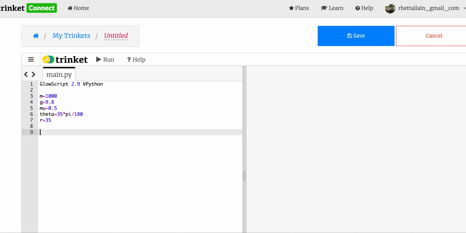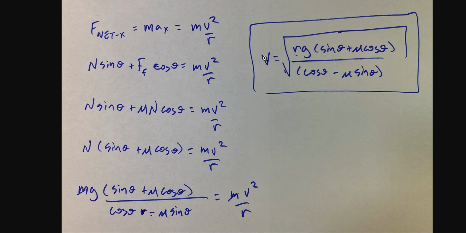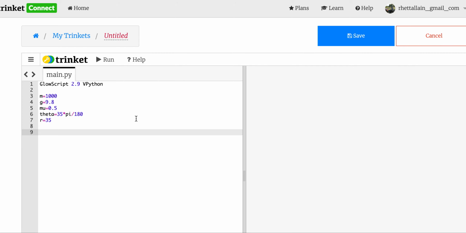So let me just show you how to use Python as a calculator in case you haven't seen this. I want to get this equation in my calculation. I have it on paper right here. Okay, so let's switch back over here. Now let's just calculate the velocity.